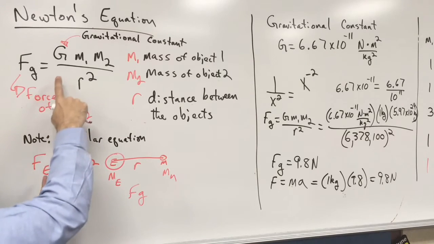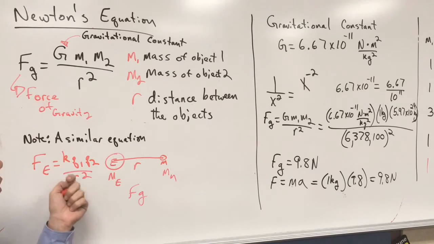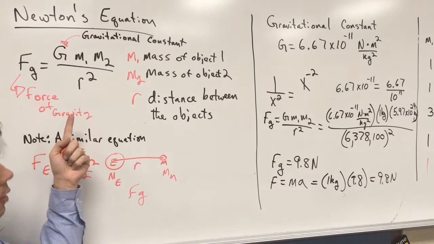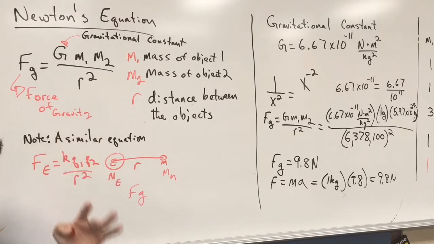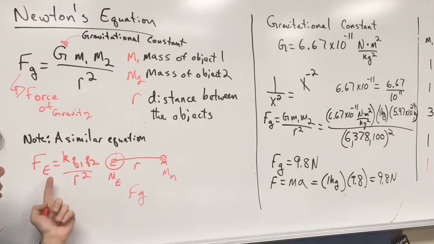We haven't done that yet. But our research at the Large Hadron Collider and the research surrounding the Higgs particle is working towards trying to unify the electric force and the gravitational force.